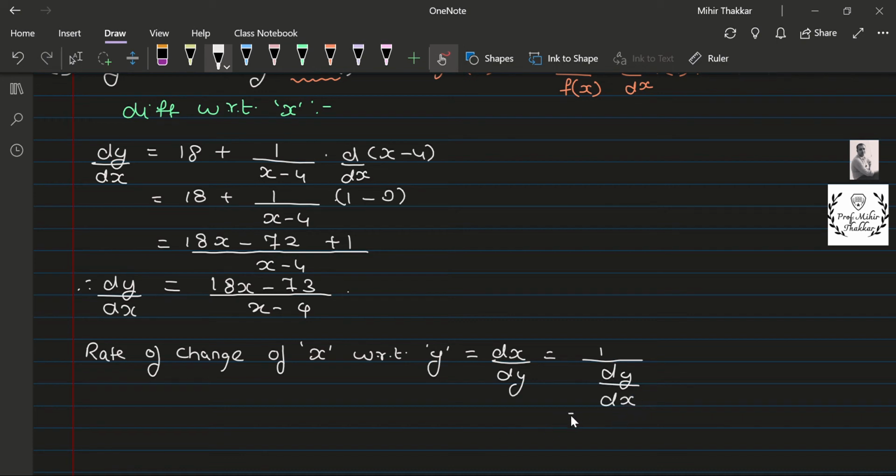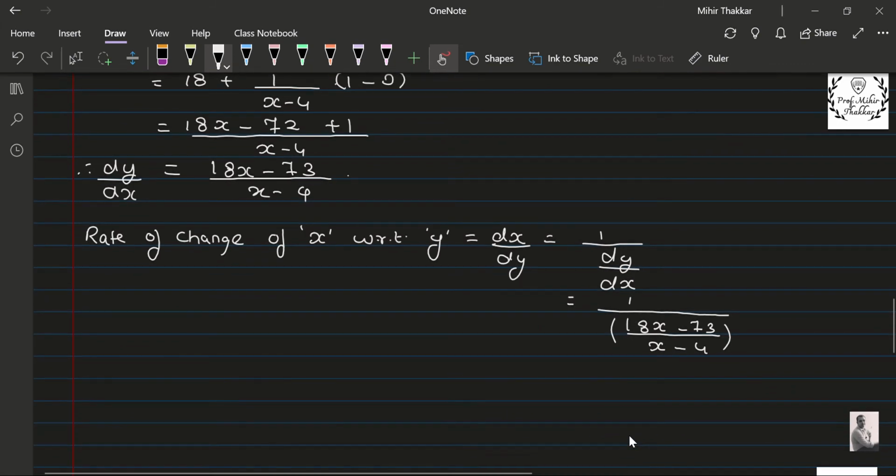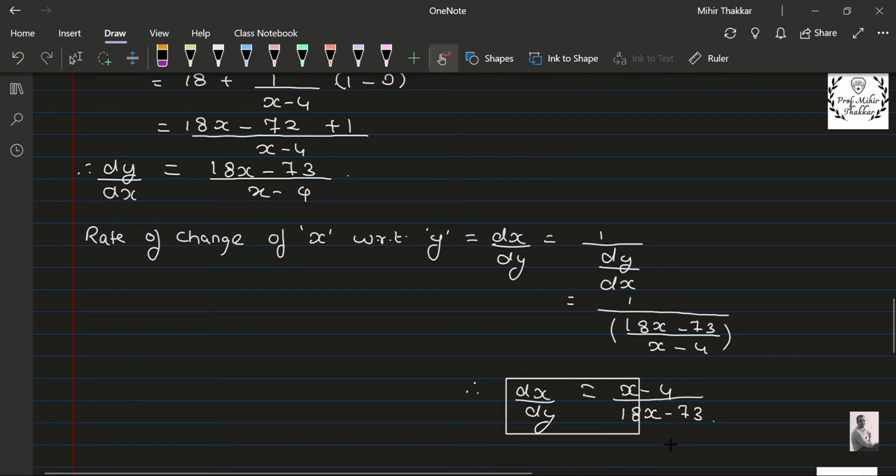So I can say this is equal to 1 upon 18x minus 73 upon x minus 4, therefore dx by dy is equal to x minus 4 upon 18x minus 73. So that completes your value of the dx by dy for the second sum.